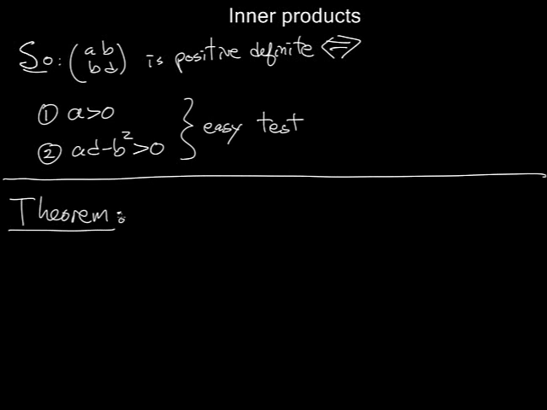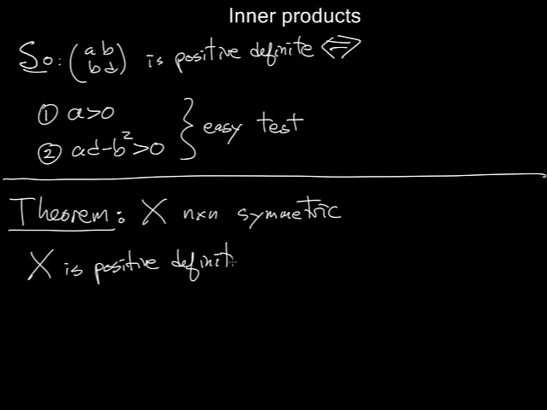And this is a special case of the following big theorem. Suppose X is an n by n symmetric matrix. There's a nice test for whether it's positive definite. X is positive definite if and only if the following condition holds. The determinant of M_i is required to be positive for all i.